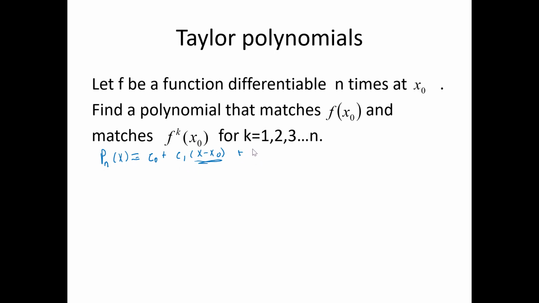Plus C2 times x minus x naught squared plus C3 times x minus x naught cubed plus dot dot dot Cn times x minus x naught to the nth power.